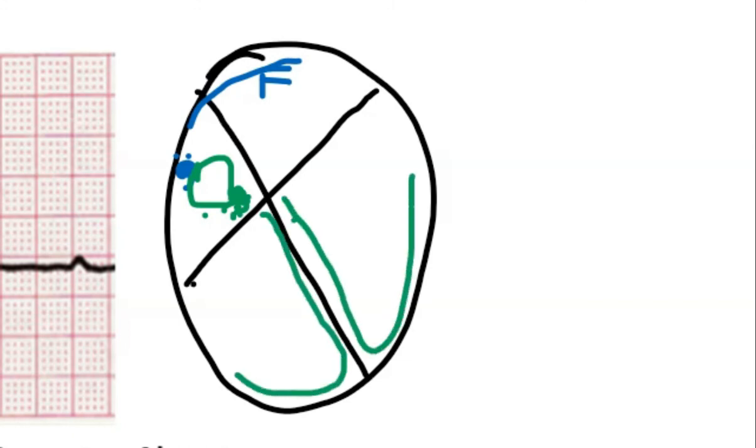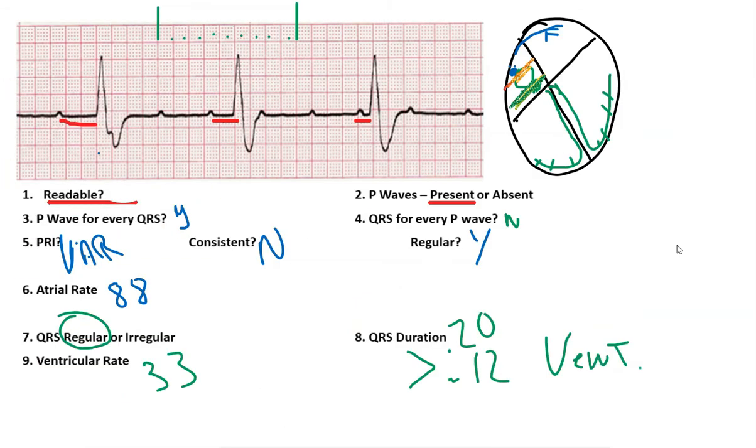So again, what is happening here is that there is a block, and that block is appearing somewhere between here and here. So if that block is appearing there, it depends on whether or not the impulse gets through. If the impulse gets through, so the SA node, we know based off of the P waves that are here, these things are firing.